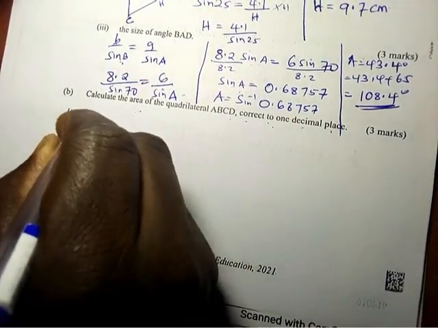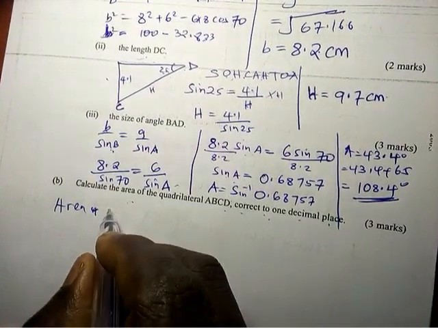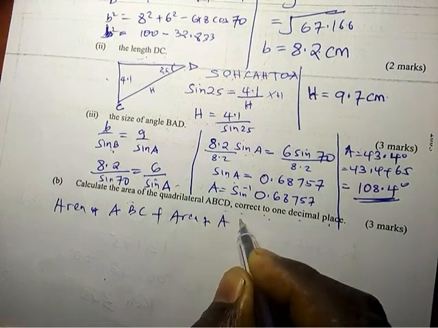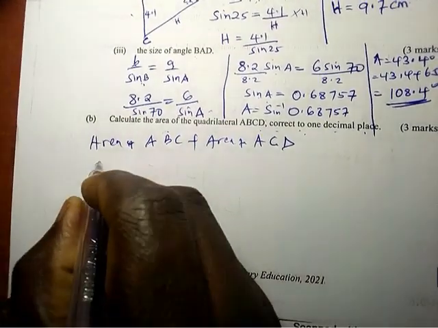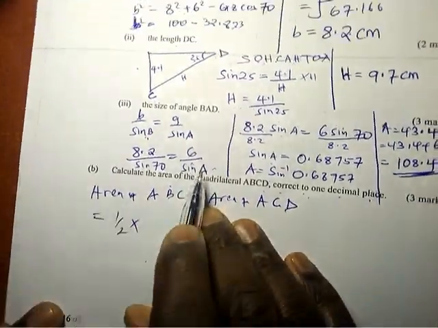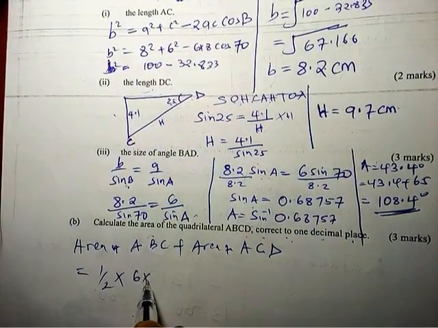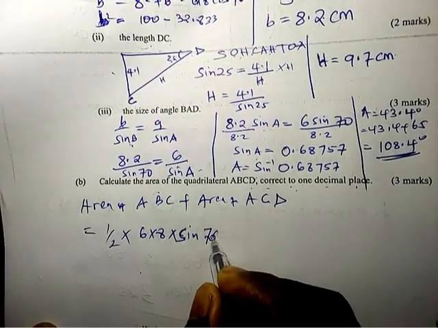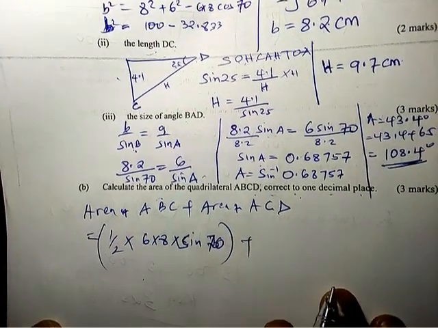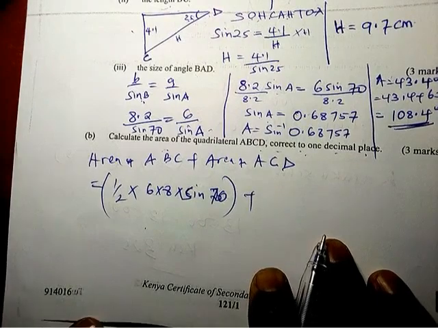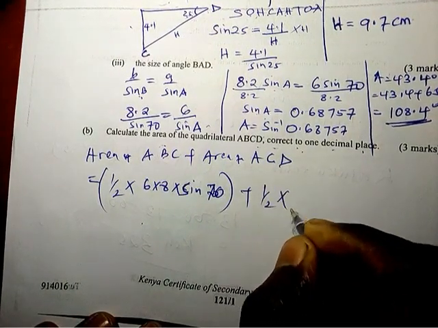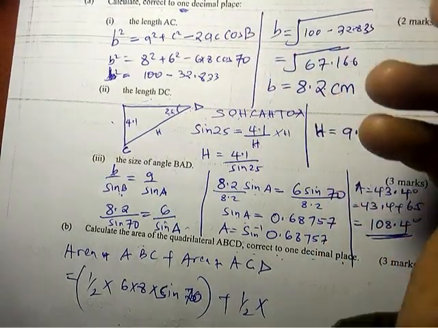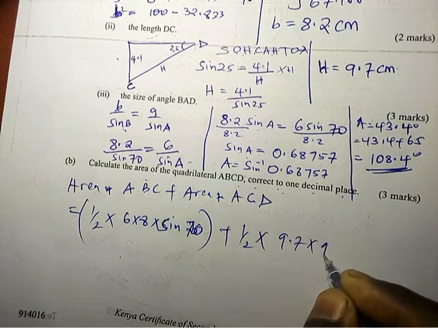So area of ABC plus area of ACD is equal to a half times 6 times 8.2 times sine 70, plus 1/2 times 9.7 times 9.7, since from here to here we got 9.7, and from here to here it is the same.